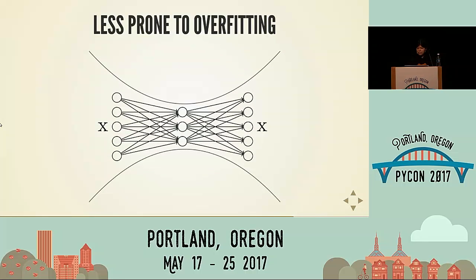Now, the thing is, if you're funneling your data through a narrow layer, you're going to have to make some tough choices about what information to pass through. You can't just say, I'm going to allocate these 5 neurons to take care of that one outlier. Instead, you have to figure out how to communicate the most useful features of your data as best you can when passing the information on to the next layer.